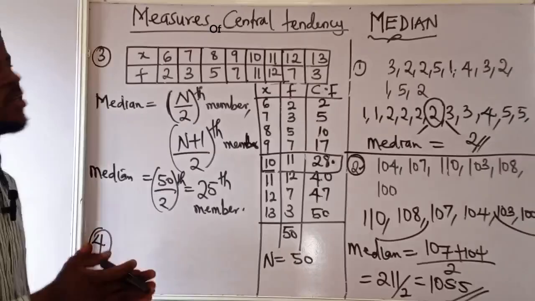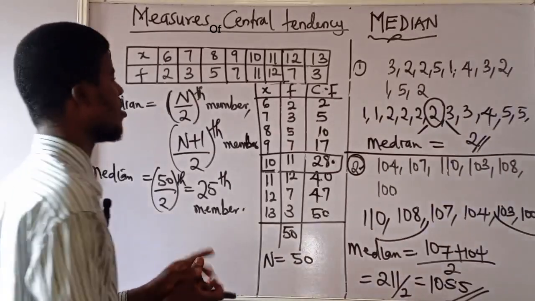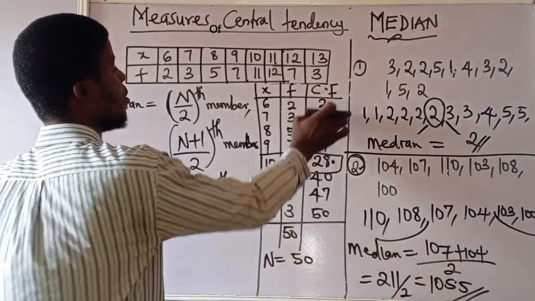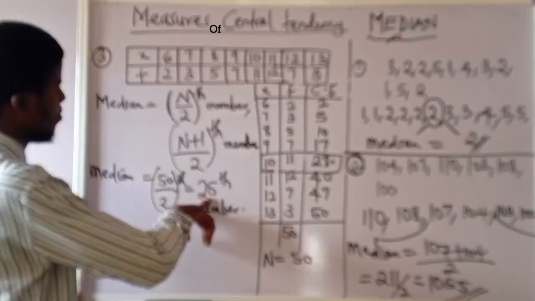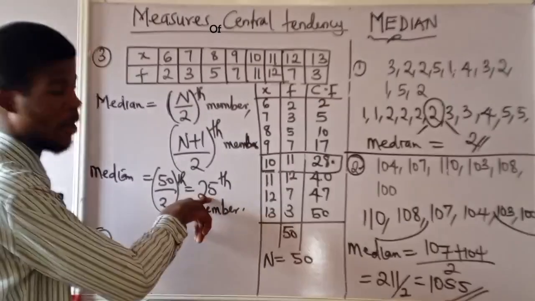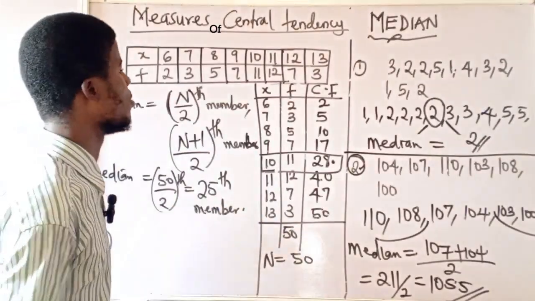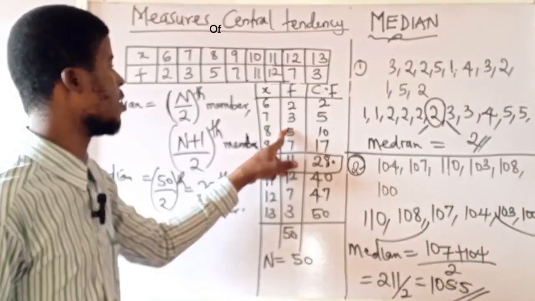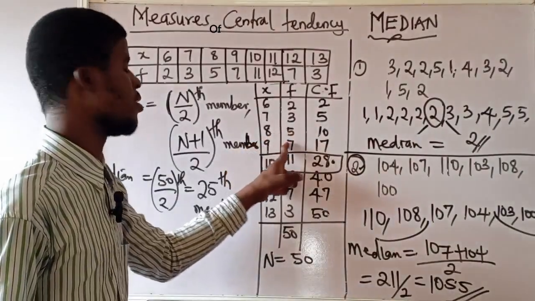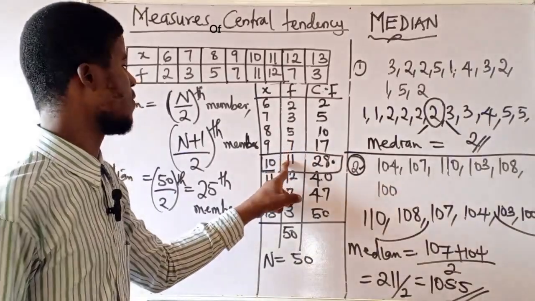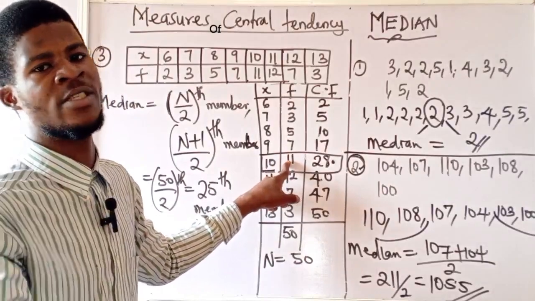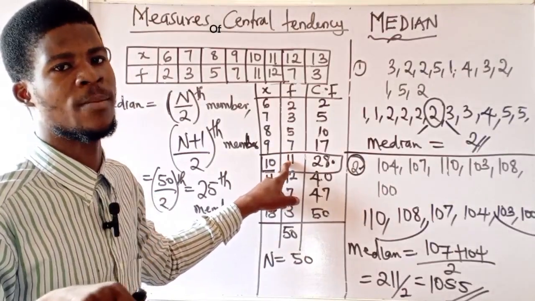Another way to do it is this. For this way, it means that there would have been no need to calculate the cumulative frequency. Since the median is the 25th member, we just begin to add up. 2 plus 3 is 5. 5 plus 5 is 10. 10 plus 7 is 17. 17 plus 11 is 28. That's where 25 is found, the smallest of them.